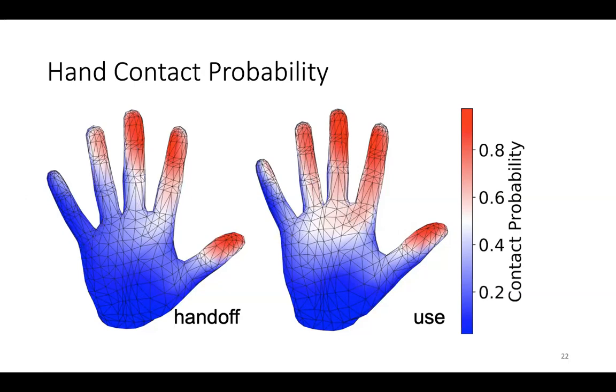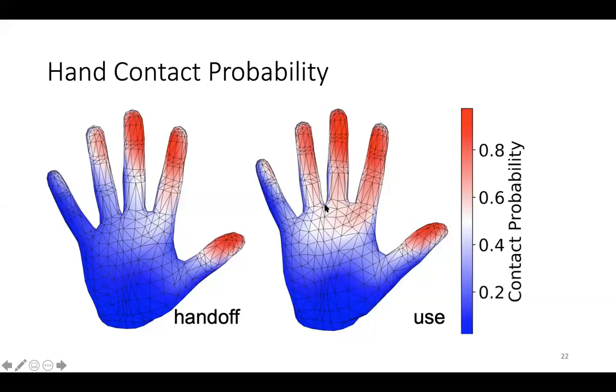And we also see, interestingly, that if you look at just the distribution of contact over the entire hand surface, we see that it is much more concentrated for handoff, and it's much more diffused for use.